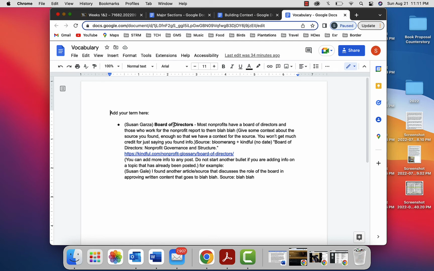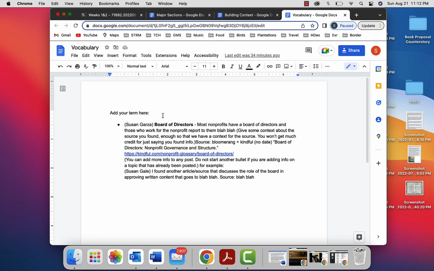So, for example, I just pulled up board of directors, and a lot of times you'll just hear people say the board, so there's always some kind of overarching organization that functions as a board for nonprofits. I just made up an example.